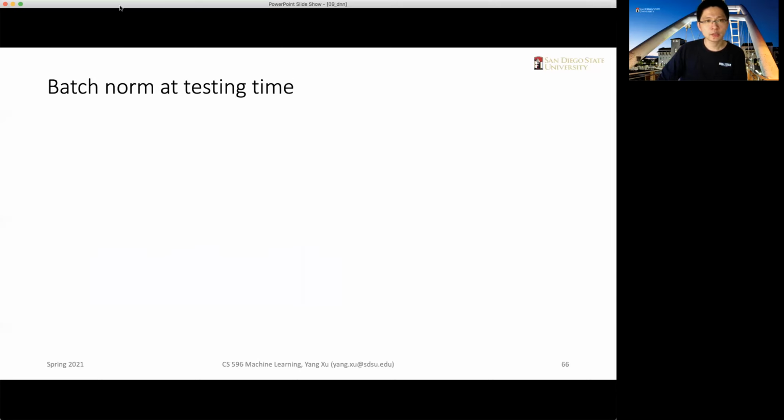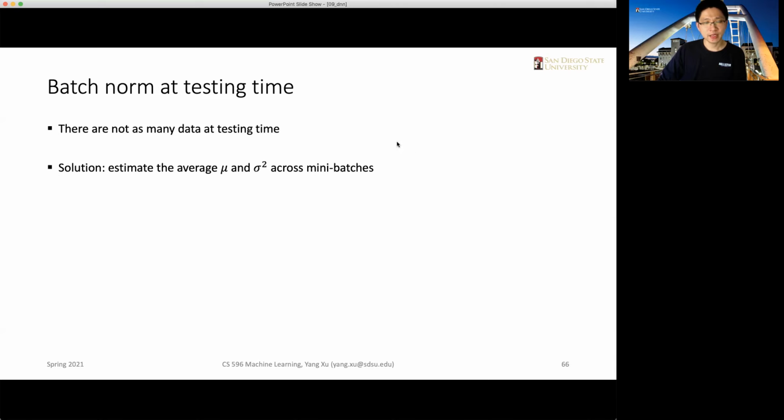Another technical detail about batch norm is that there are not as many data at testing time. So after the training is done, how do we apply the batch norm during the testing time? We estimate the average mu's and sigmas from the training data.